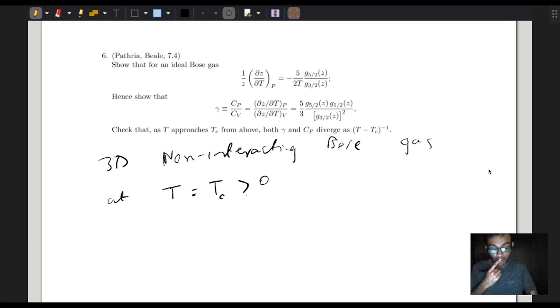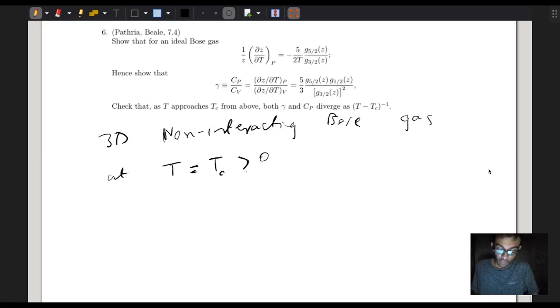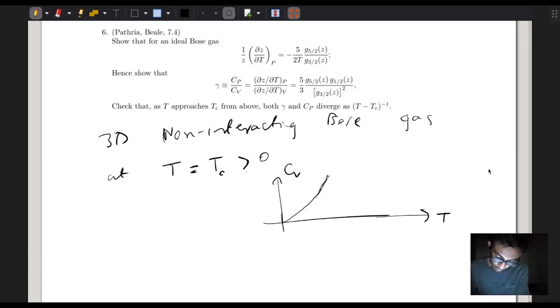The specific heat at this temperature shows a singularity. The specific heat is continuous, but it has a kink or a cusp. Something like this, the specific heat looks like this.